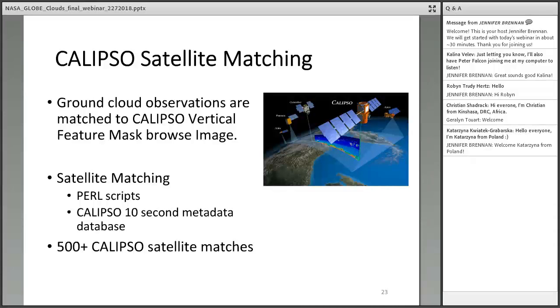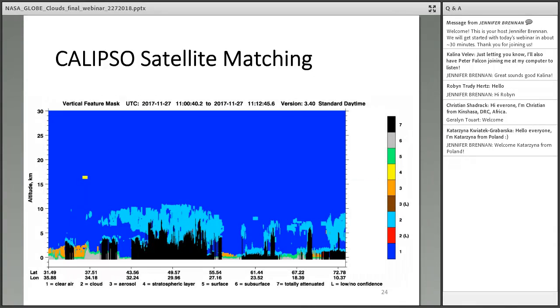To date, we have a little bit over 500 Calypso satellite matches. When we match to this, we provide the observer with a browse image that corresponds to their location. This is a browse image that shows clouds at the various levels.